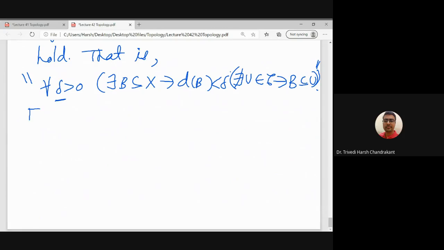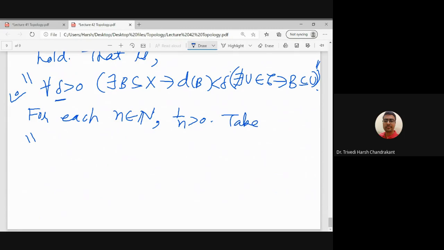So now for each natural number n, we know that 1 upon n is positive, right? So in particular, if I substitute delta as 1 upon n in this statement, what we get is, for 1 upon n greater than 0, there exists a set B that depends on n. So I will denote it by B_n.